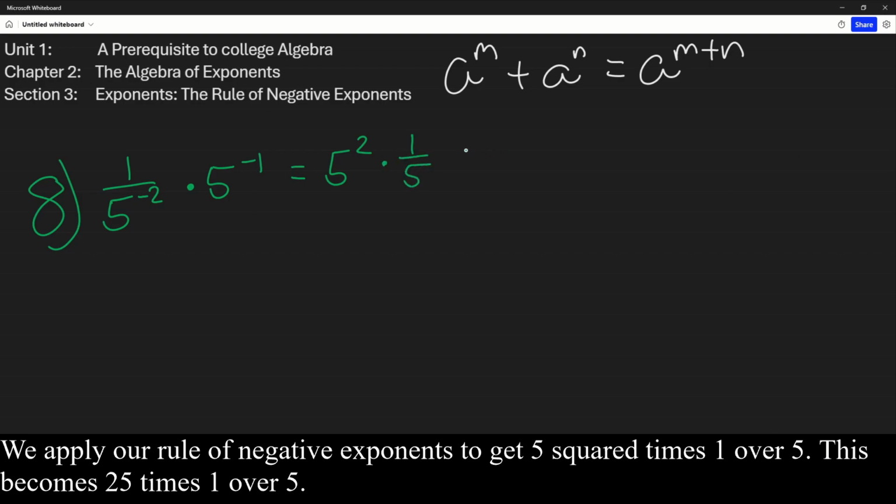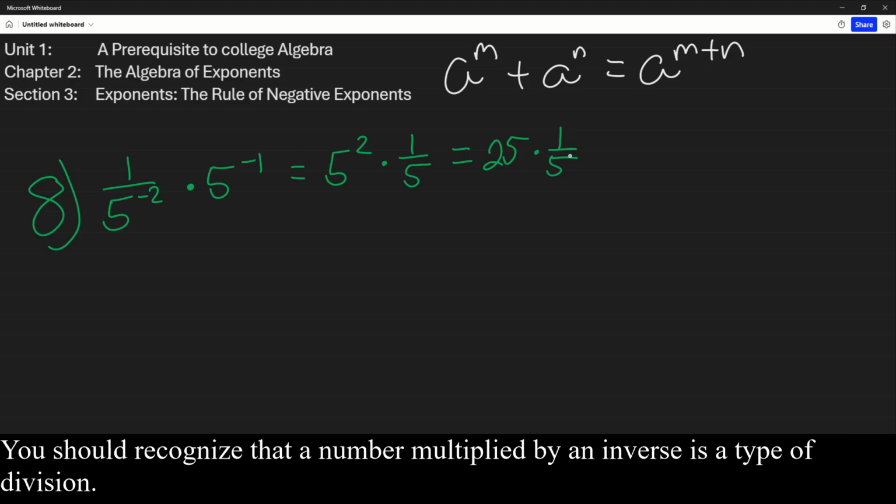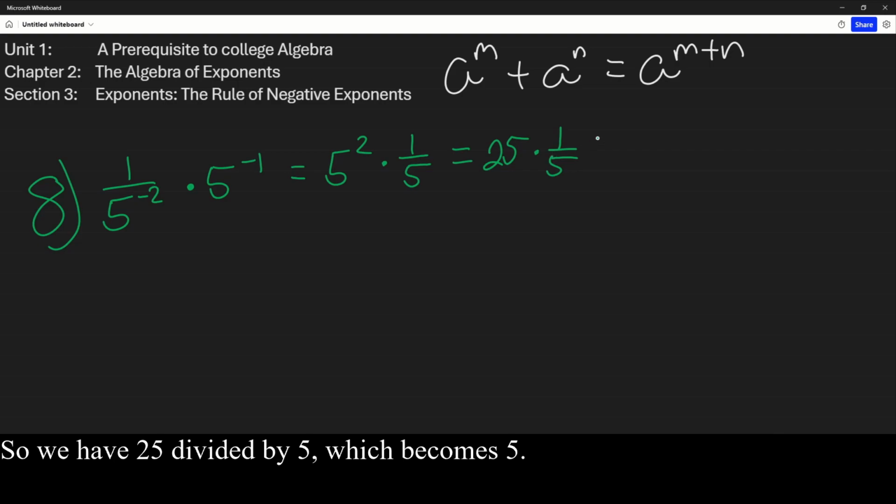This becomes 25 times 1 over 5. You should recognize that a number multiplied by an inverse is a type of division. So we have 25 divided by 5, which becomes 5.